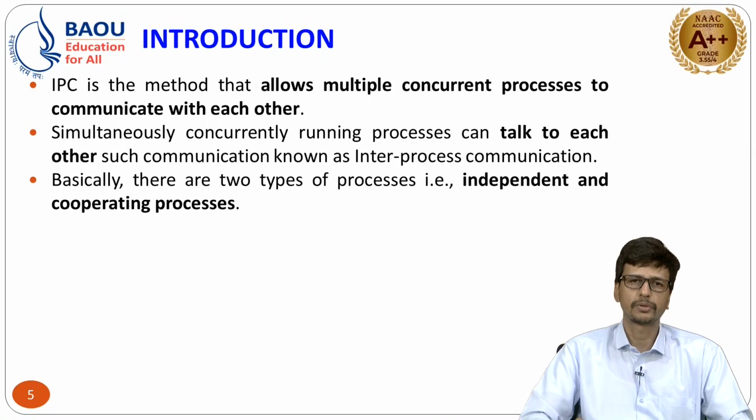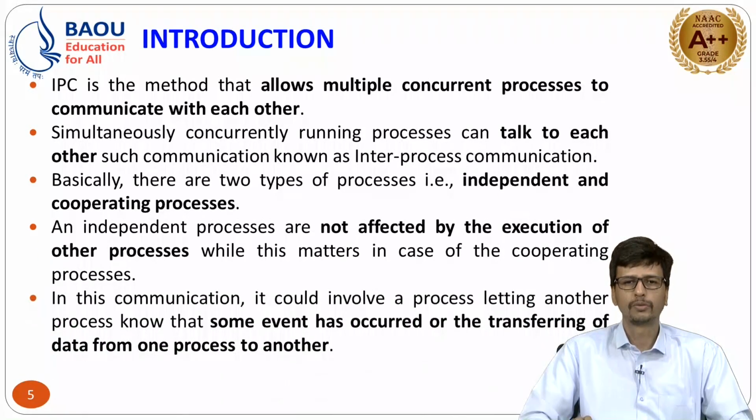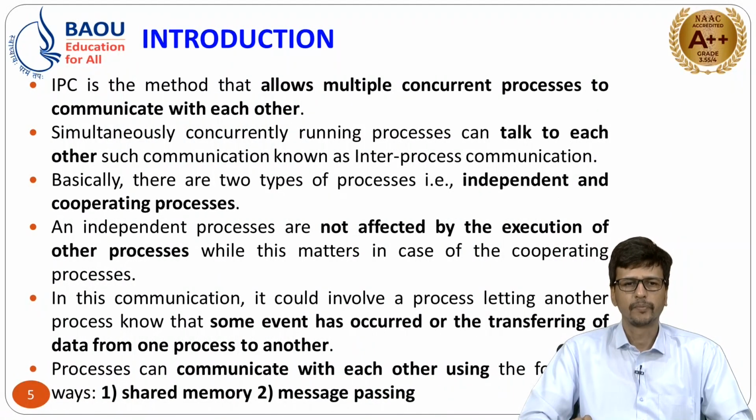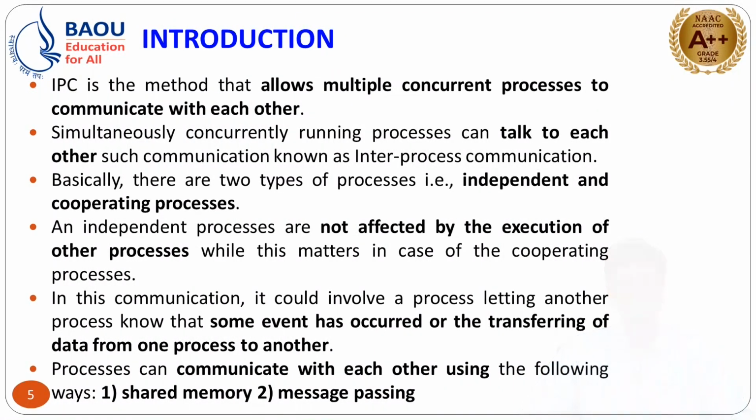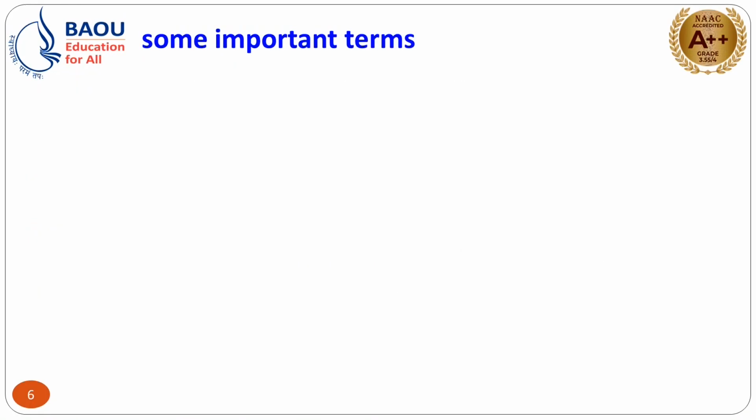This way multiple processes can communicate with each other, right? Now this can be done basically with the help of shared memory and message passing techniques, different mechanisms that can be used.